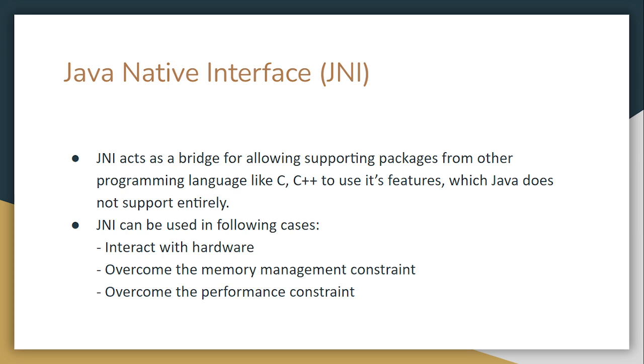So as we know, Java is not having concept of pointers, but we want to manage our memory. So in that case also we can use JNI. Next, like we know, other compiled languages like C, C++ are faster. So to overcome the performance constraint, we will use JNI.